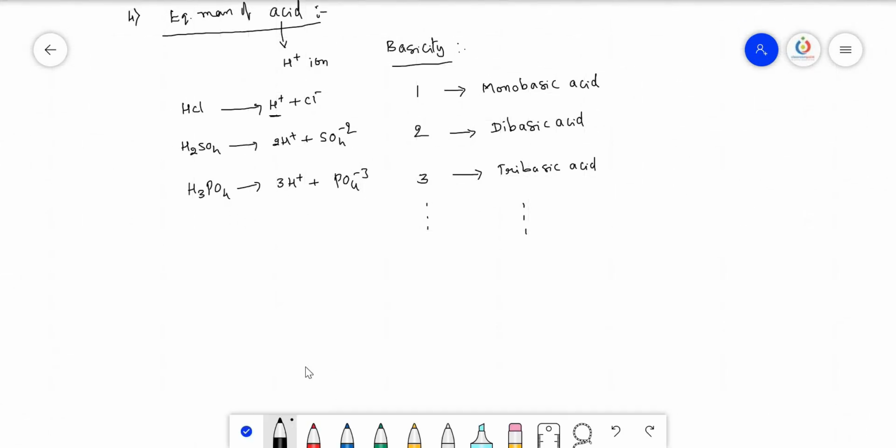Now let us try to calculate the equivalent mass of an acid. What is the formula required here? Equivalent mass of an acid is equal to molecular mass of the acid divided by basicity of the acid.